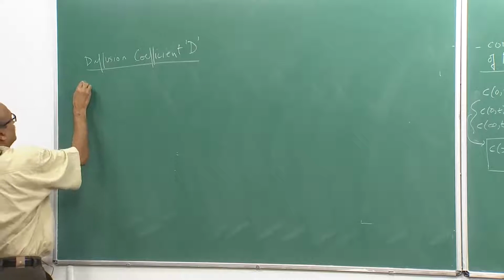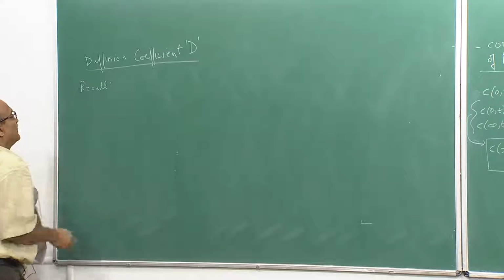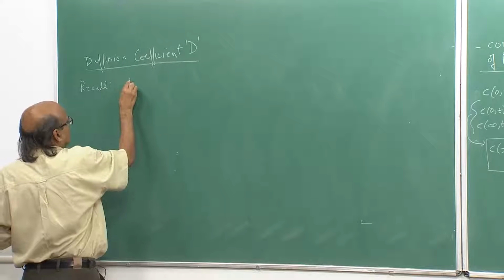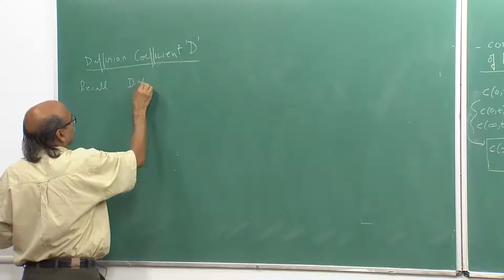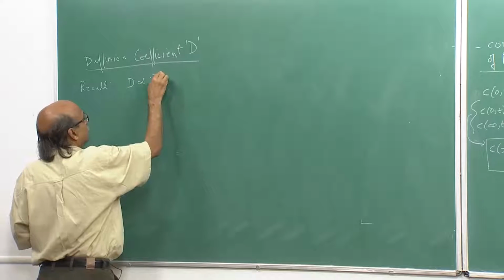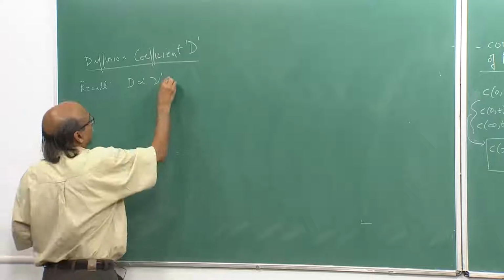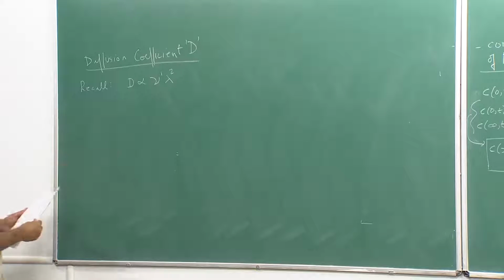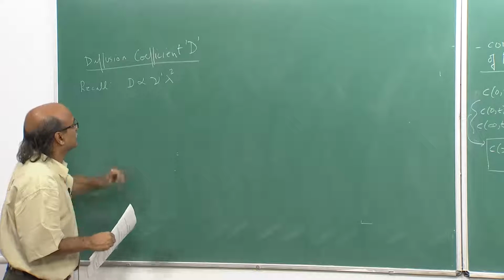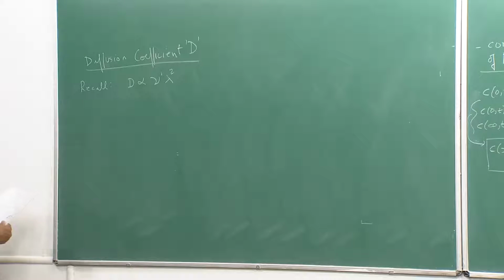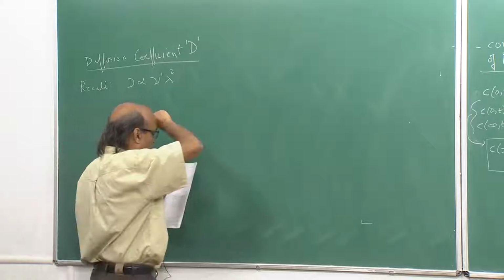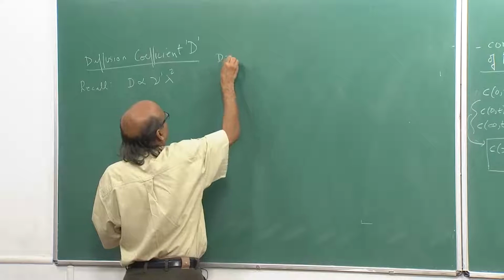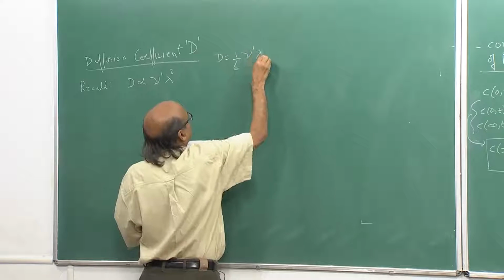You would recall from the first couple of lectures on diffusion that the diffusion coefficient D we found out was proportional to the jump frequency of atoms times lambda square, where lambda is the jump distance. So, lambda would typically be an interatomic distance, and in one specific case, when we had taken diffusion in a simple cubic crystal, we had found D to be equal to 1 upon 6 nu prime lambda square.